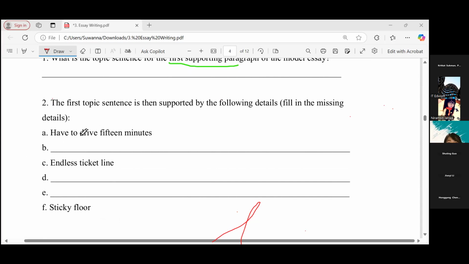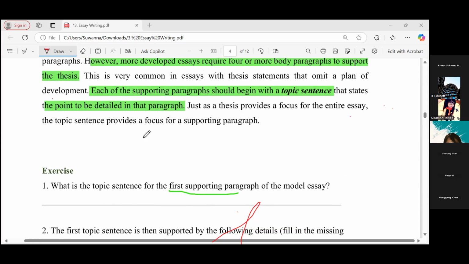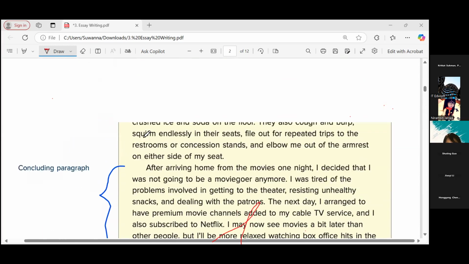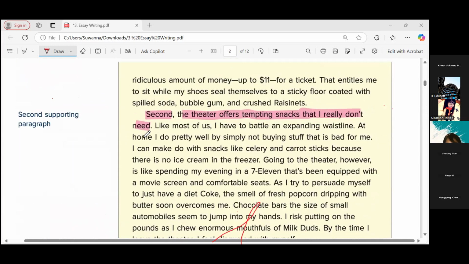The first one, have to drive 15 minutes. And can we see what else are the supports, the supporting ideas?